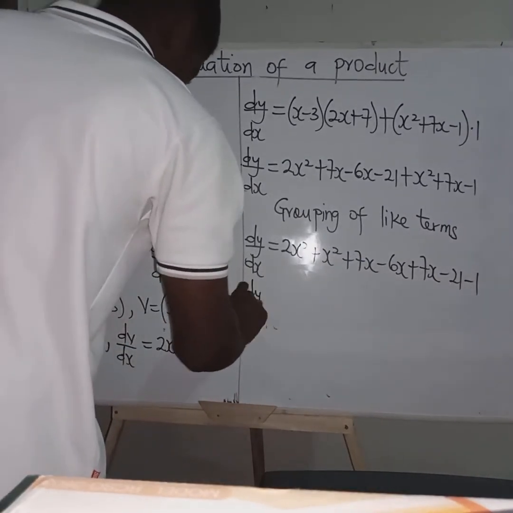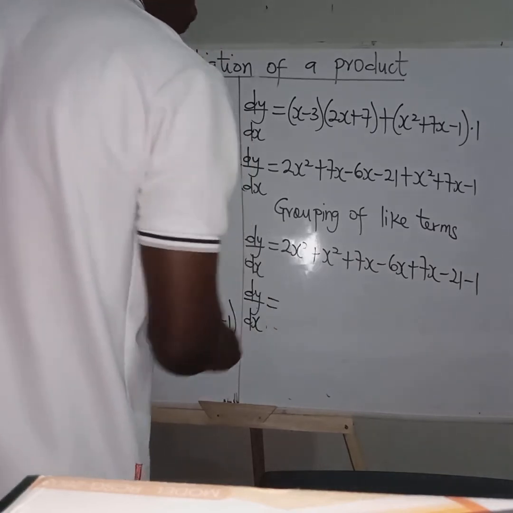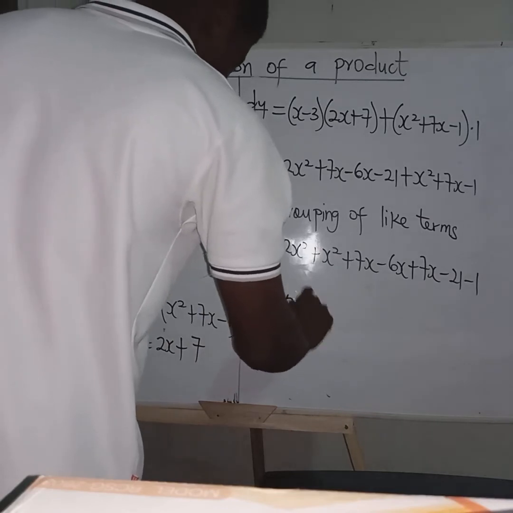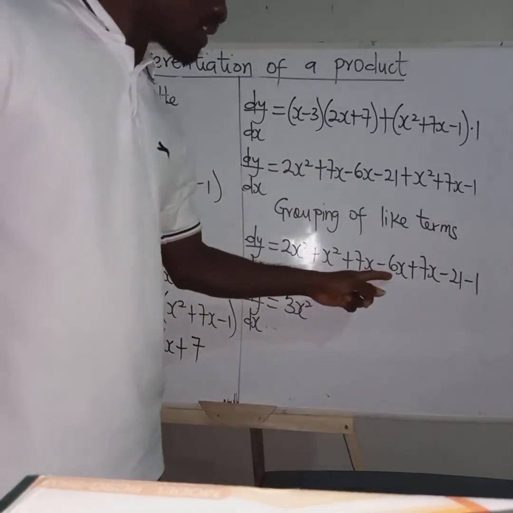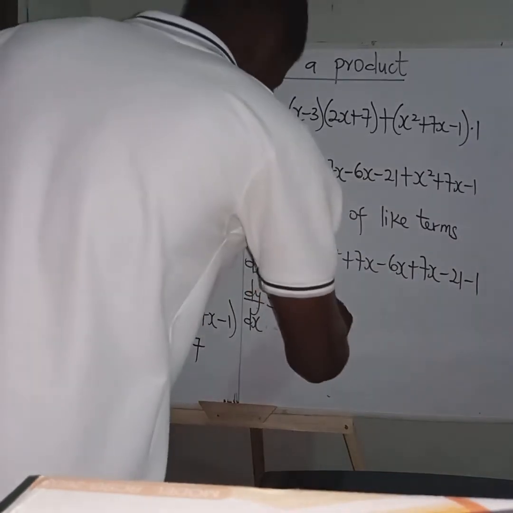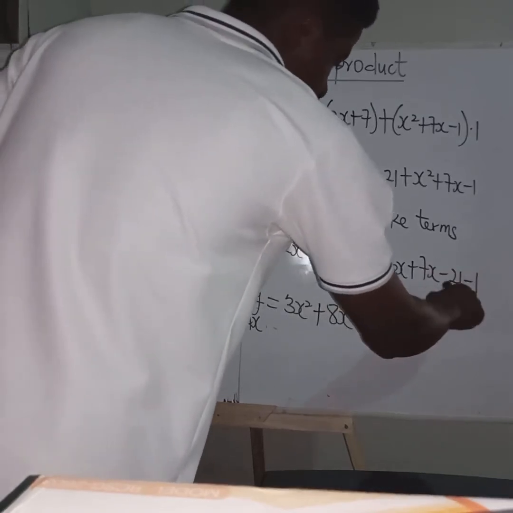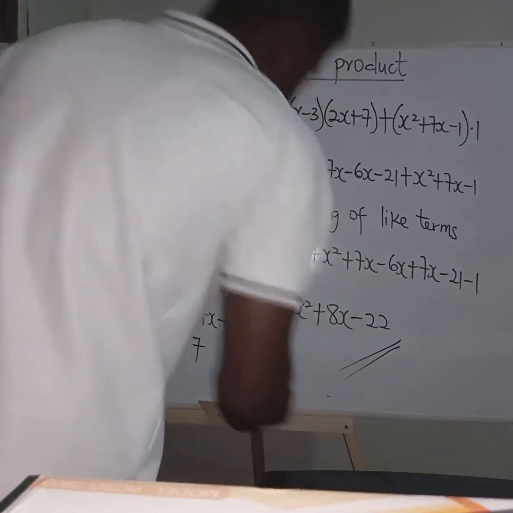So dy over dx is equal to 2x squared plus x squared is what? 3x squared. 7x minus 6x will give us x. x plus 7x is 8x. Negative 21, negative 1 will give me negative 22. And that will be our final answer.